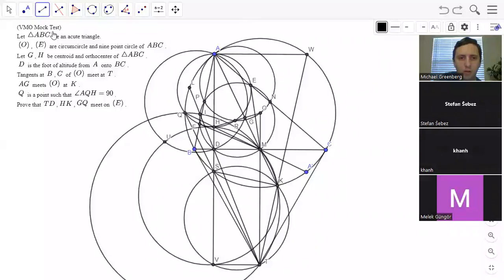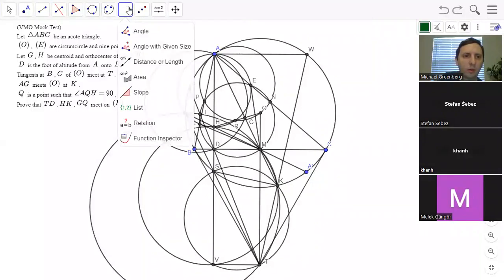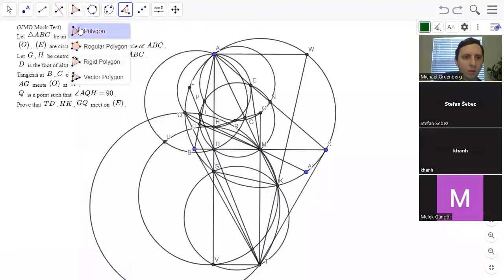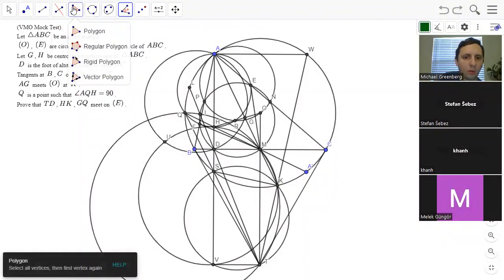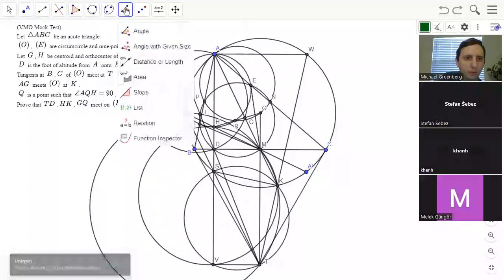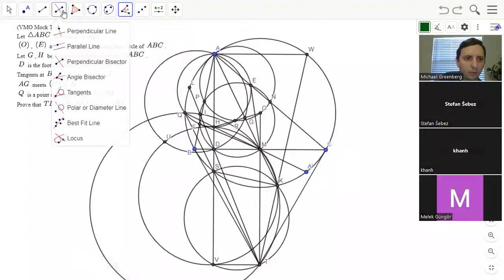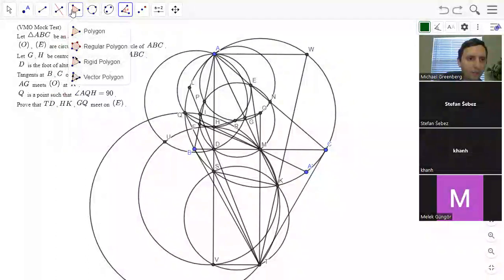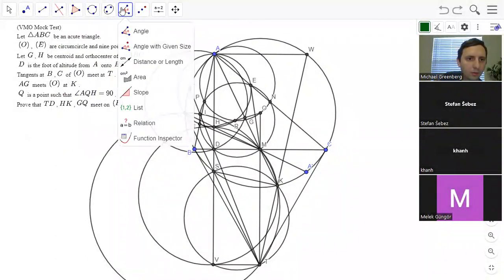But I'm still working on it. So if you guys want to, you can just go that way. Okay. Let me see if I can highlight those two angles. I'll just draw like this.